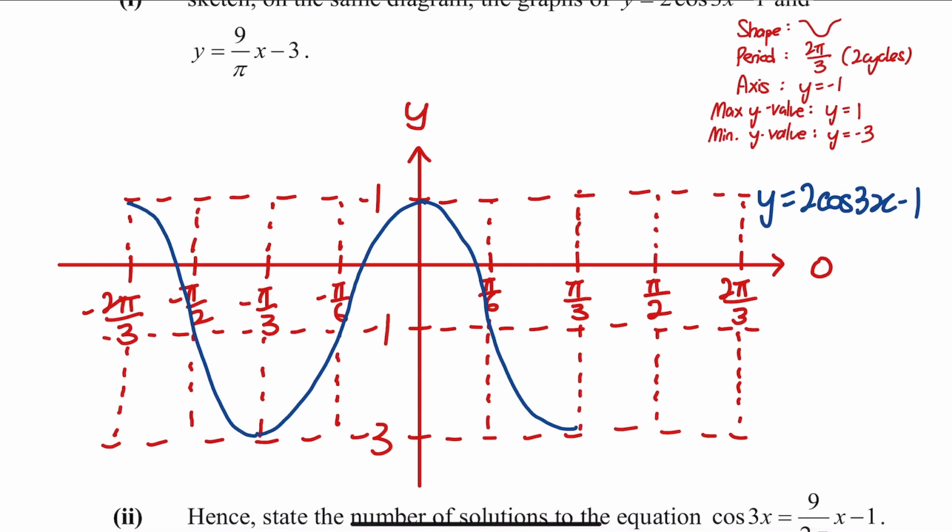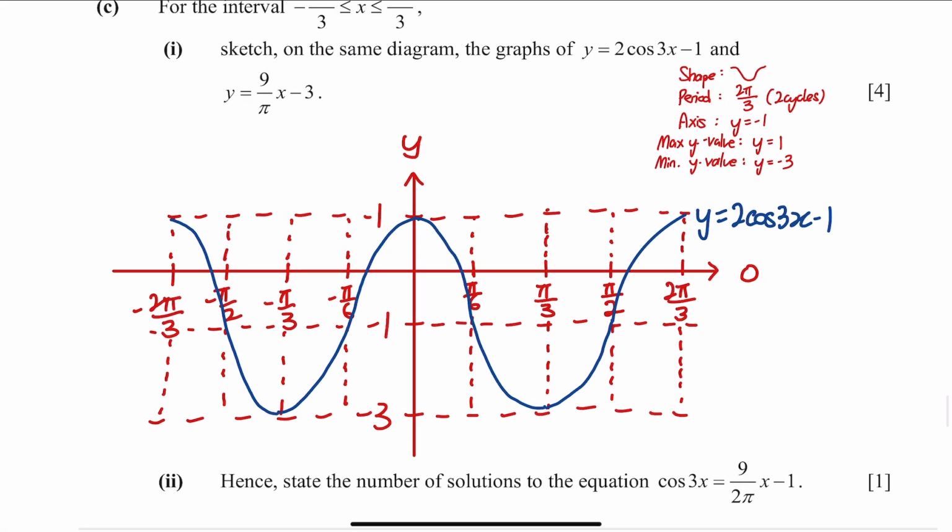This is a common mistake that a lot of people make as well. At the third quadrant, it should cut here, not at the x-axis here, but at this portion at the axis before it goes to the minimum point. So this is my first graph, the cosine graph.